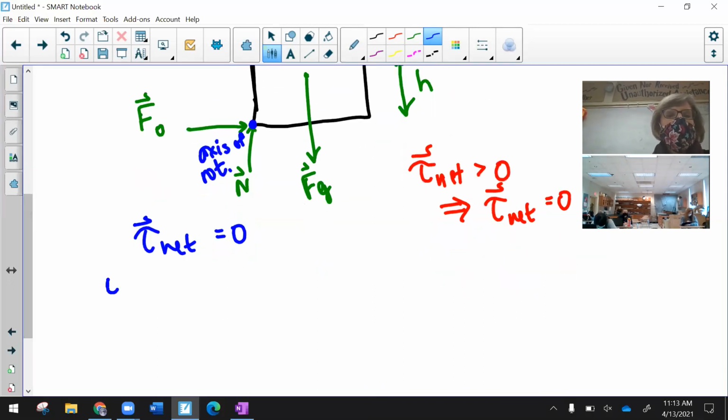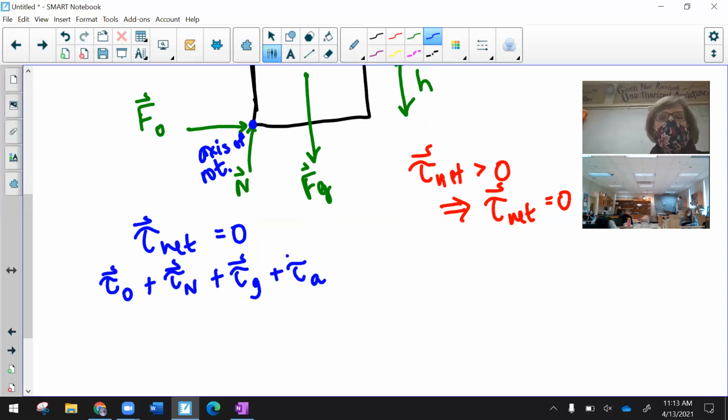And again, I'm just going to write down all of my possible torques. I have a torque from the obstruction, a torque from the normal force, a torque from gravity, and a torque from the applied force.